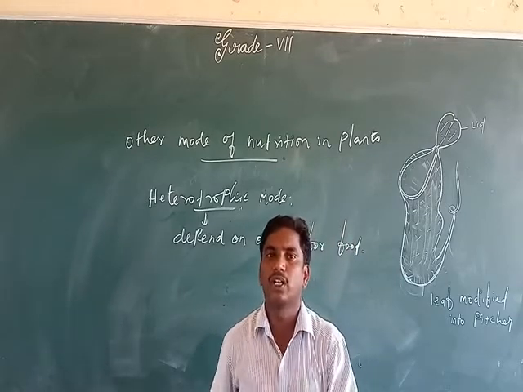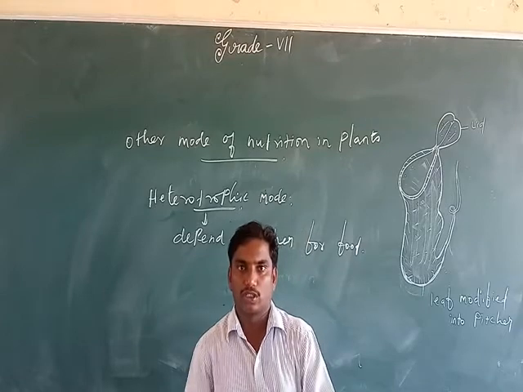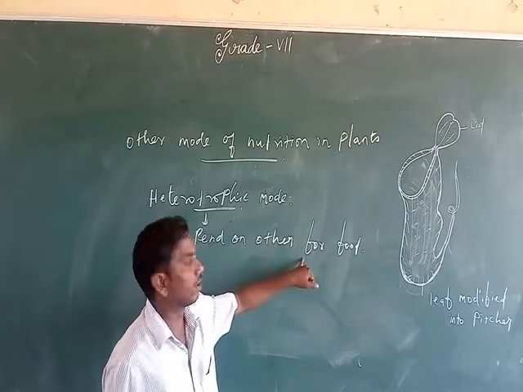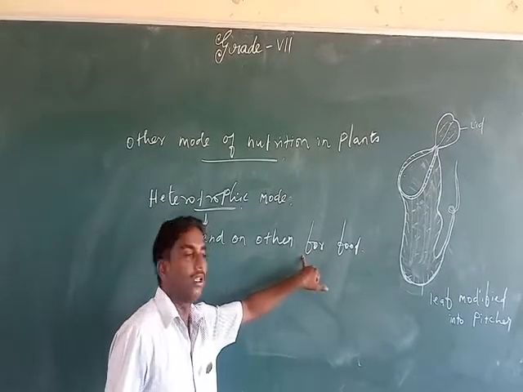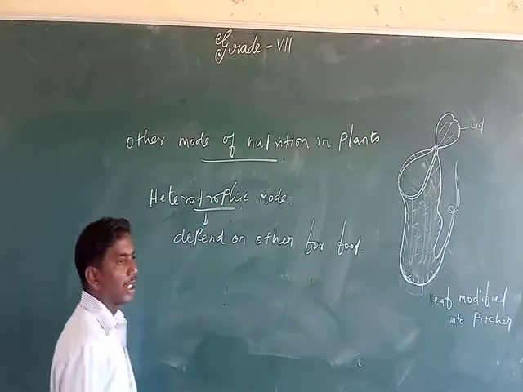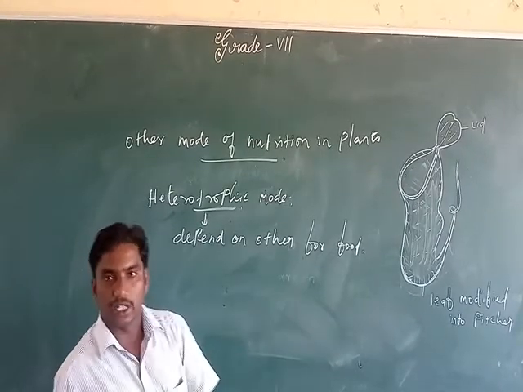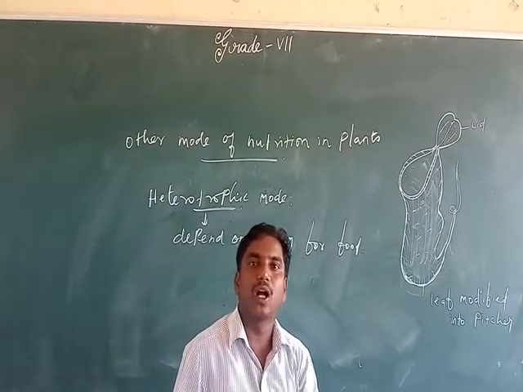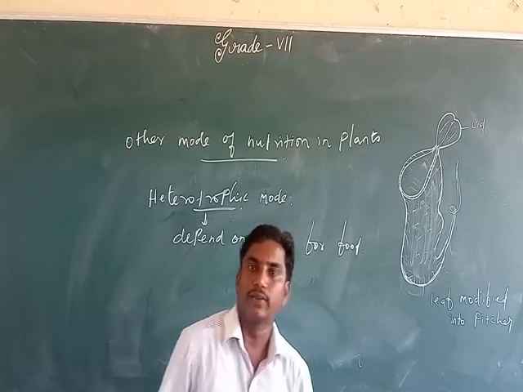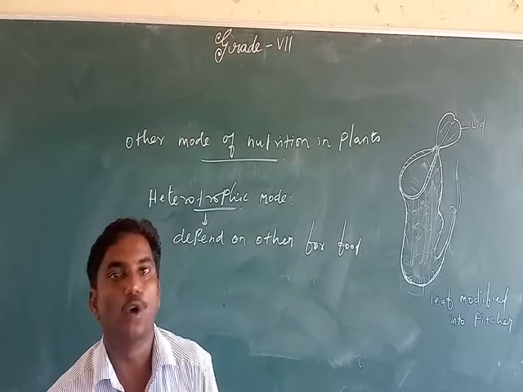Such organisms always depend on others for food and survival. So that is called the heterotrophic mode. Heterotroph means such plants do not have chlorophyll, so they cannot prepare their own food.